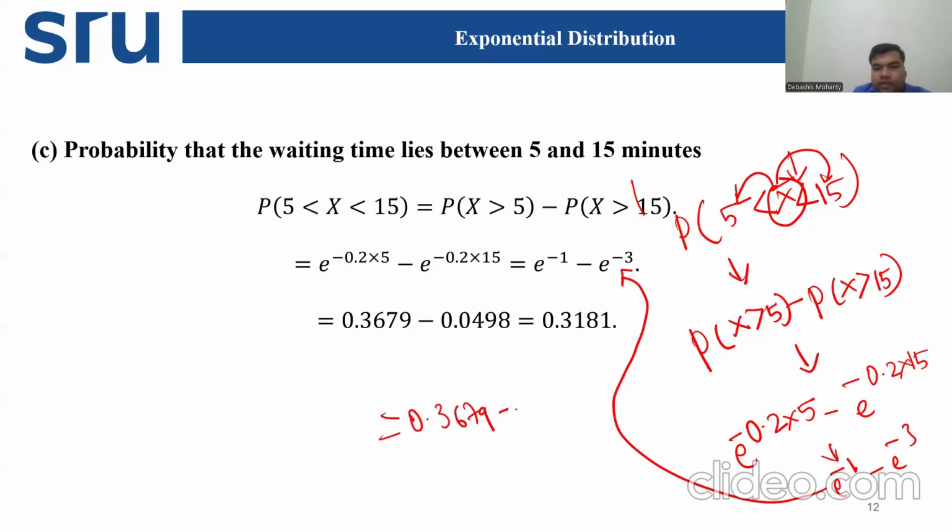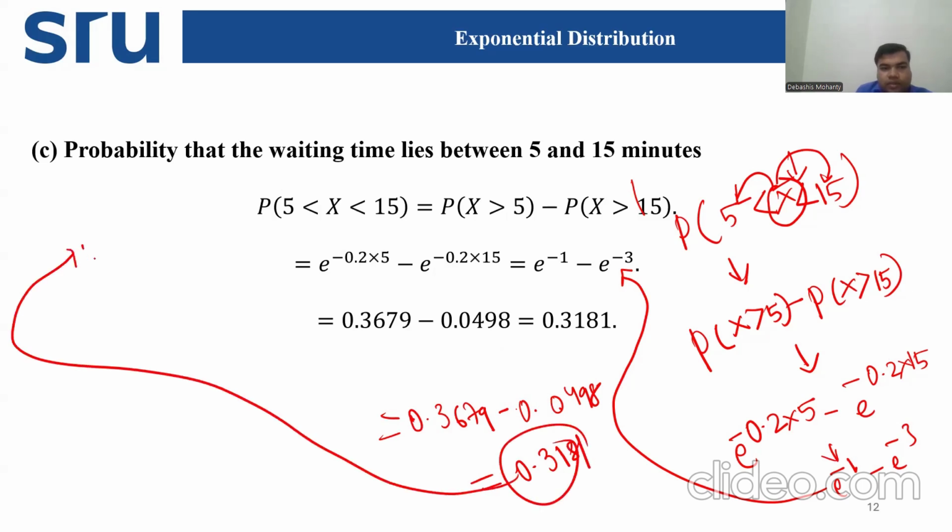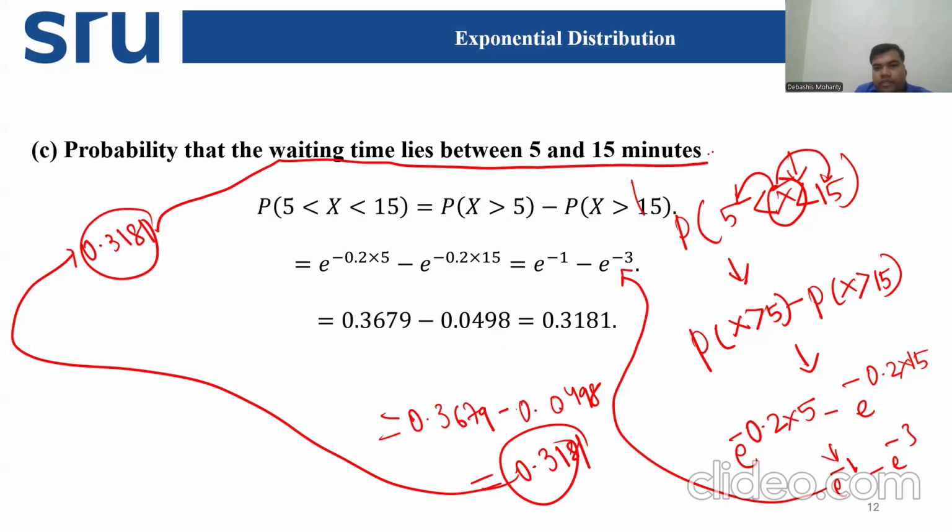Just check that value in your calculator. e raised to the power minus 3 is 0.0498. So that value we will find is 0.3181. This value is the probability that the waiting time lies between 5 and 15 minutes.